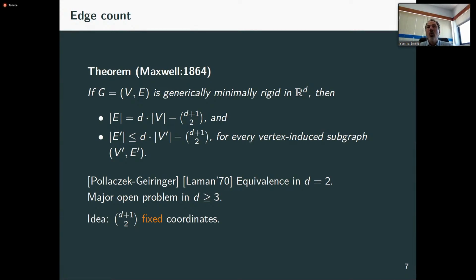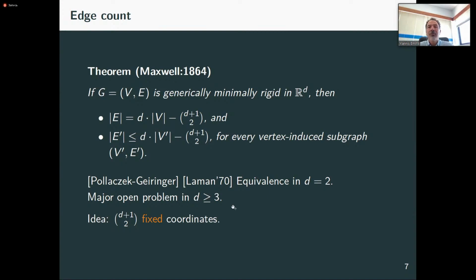However, we have no idea of the opposite direction. We do not know which edge counts will lead to rigidity, except in the plane. In the plane, for d equals 2, there is a theorem that is attributed to Laman. So these are called Laman graphs from 1970, but apparently it was first discovered by a woman that worked in the early 20th century, Hilda Geiringer, who said that a graph with this number of edges is generically rigid.